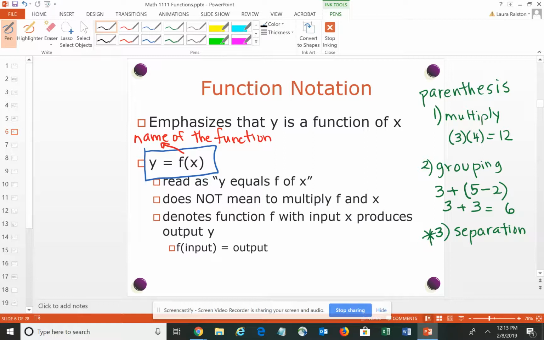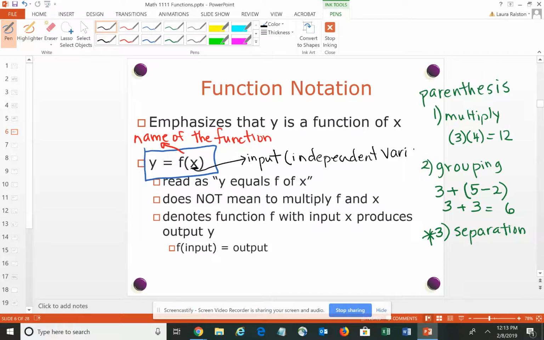Then you have the parentheses, again, being used as separation symbols, and then you have, in this case, the letter X inside the parentheses, but that actually represents your input or the independent variable.